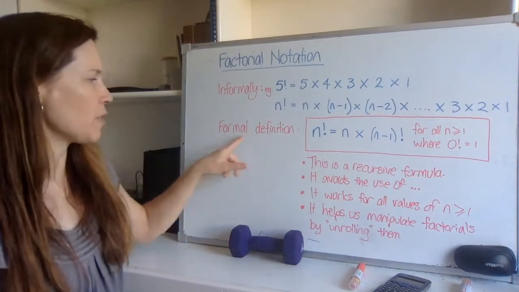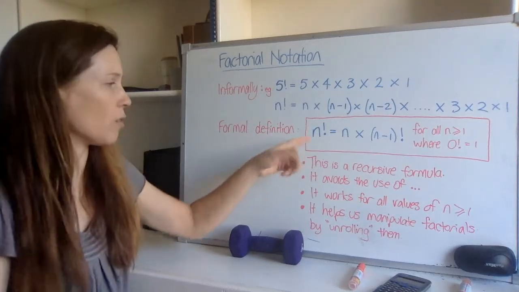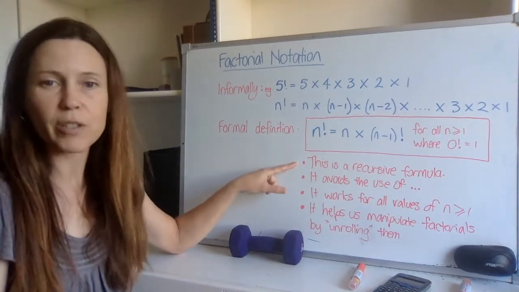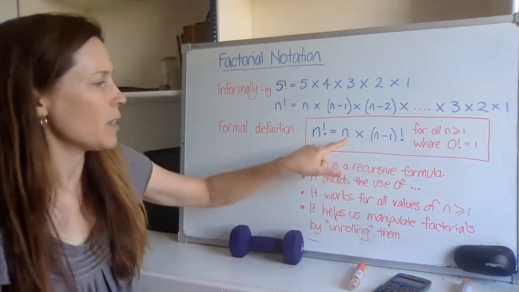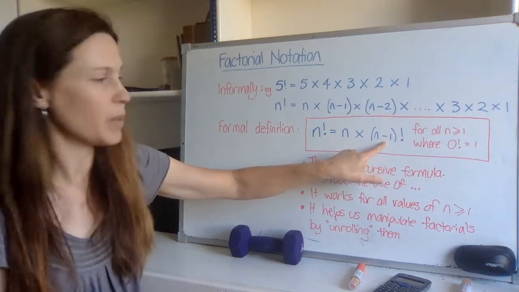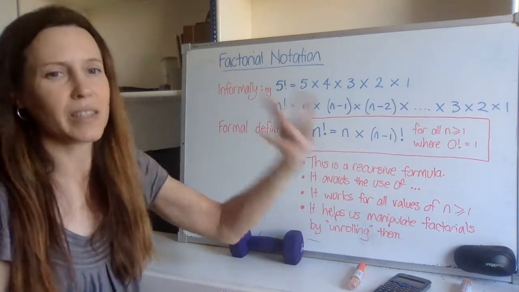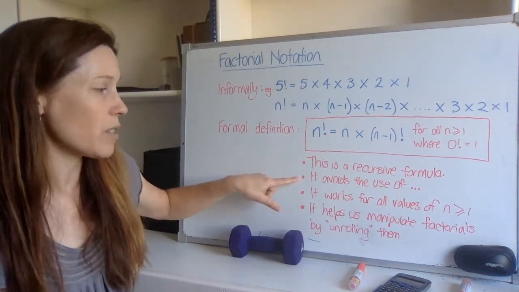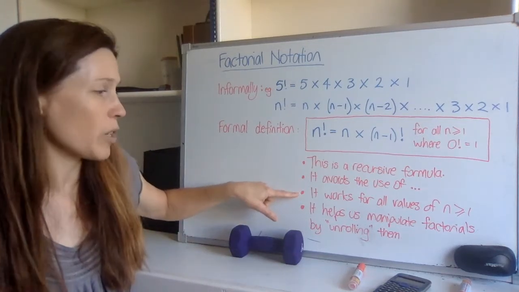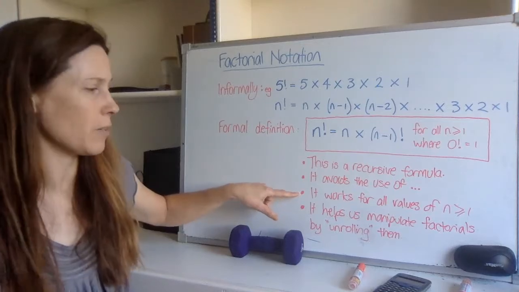Now, this formal definition of n factorial is a recursive formula, and that means it relies on something recurring over and over again. It really just gives the first step, but that first step in itself gives you the second step, and so on and so on. It also avoids the use of the dots. It works for all values of n greater than or equal to 1.